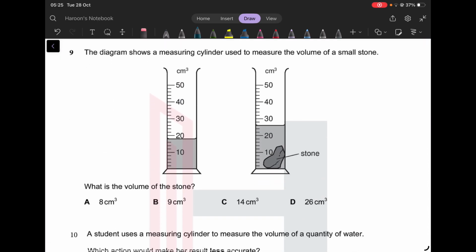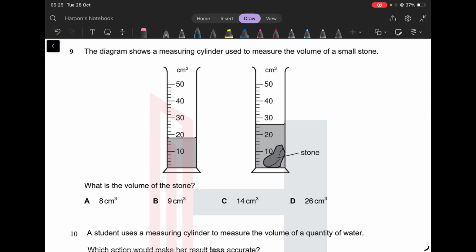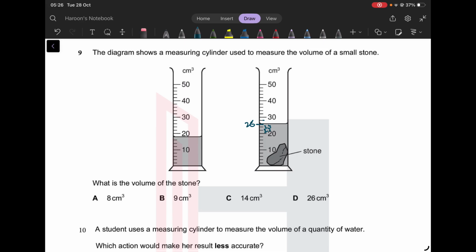Next question. The diagram shows a measuring cylinder used to measure the volume of a small stone. What is the volume of the stone? So we just take the final reading. This would be my V2. You can see 20 over here. Each line is basically 2. So I'll have 22. This would be 24. This would be 26. Next would be 28 and then 30, right? So each line is actually 2.